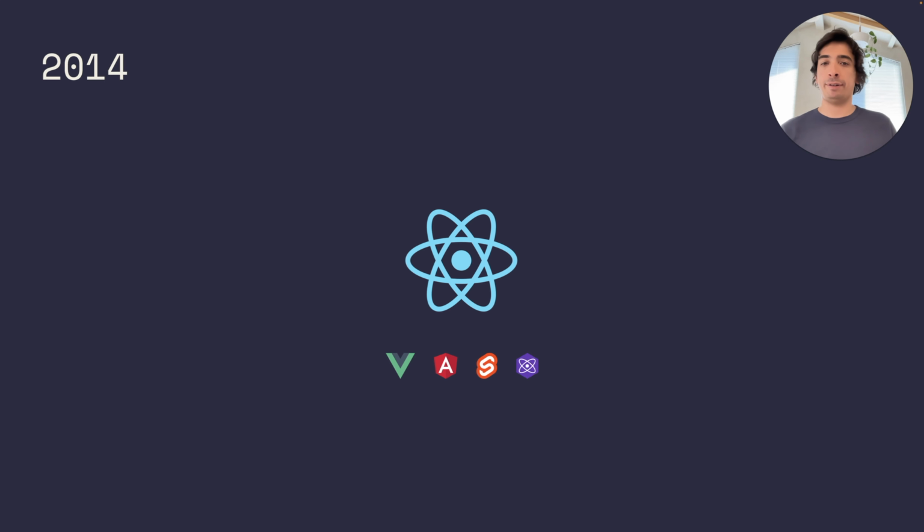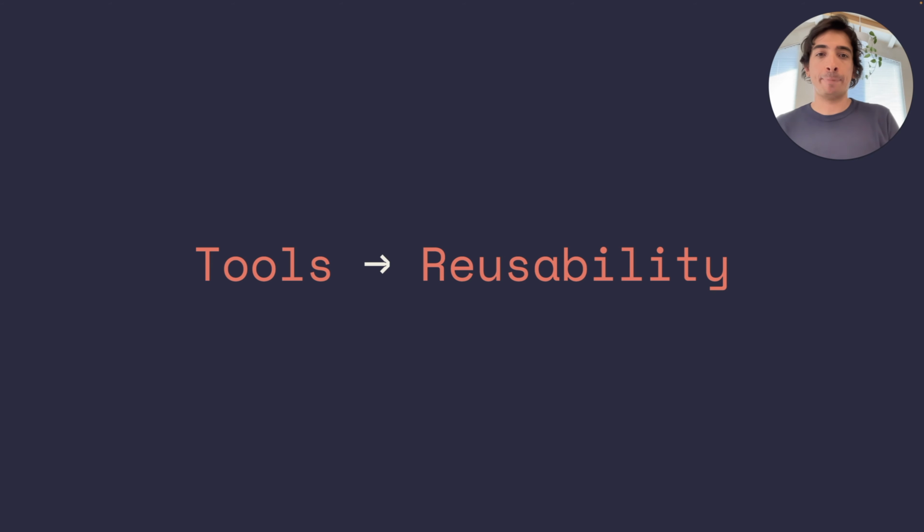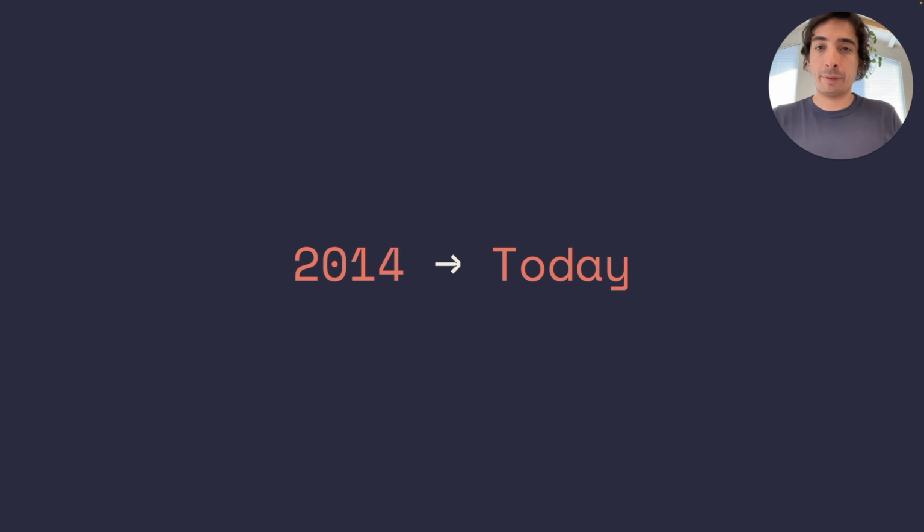So we see a very similar picture here. The tools we use evolve and become best practices, and that's why the way we think about reusability, the way we prioritize reusability evolved. So yes, design systems and reusability have been around for a long time, but the tools we used in the last 10 years played a huge role in why they are so popular now.